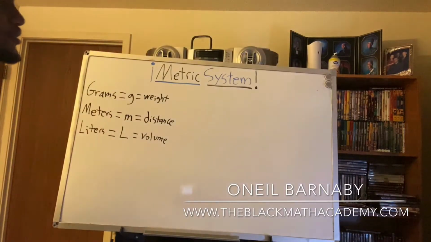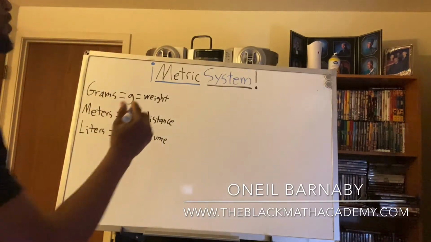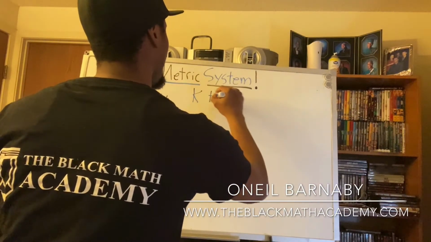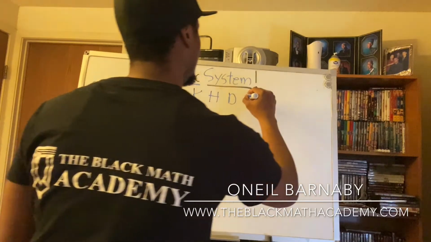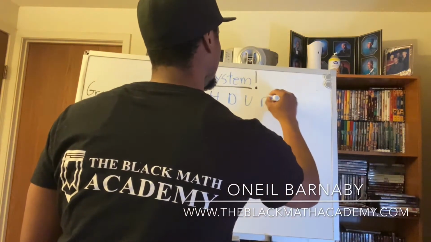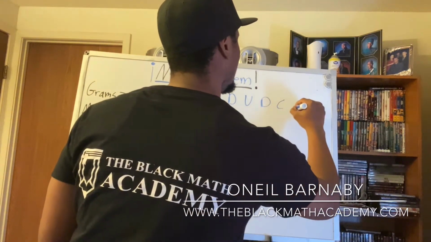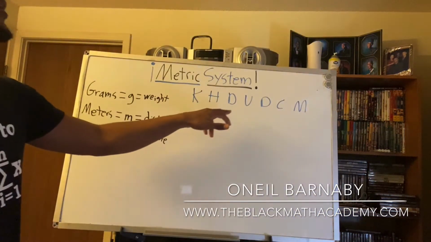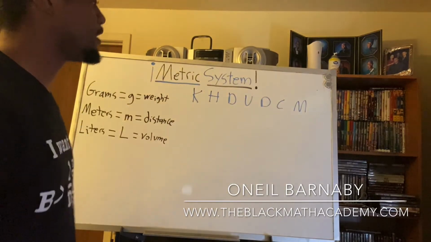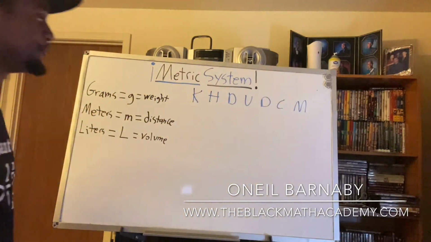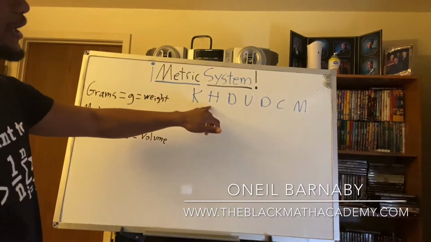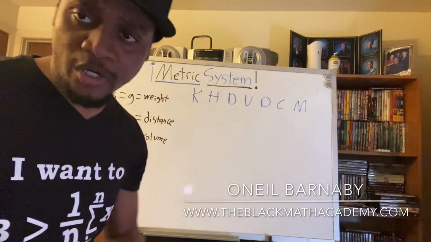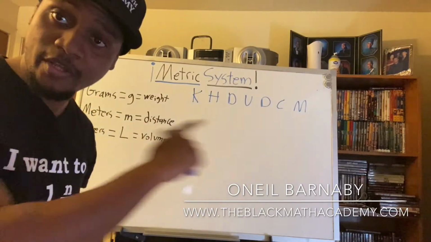So for the metric system, a good mnemonic to use would be K, H, D, U, D, C, and M. All right, so K, H, D, U, D, C, M. One way to remember would be Kings hated delivering us delicious chocolate muffins, or whatever you want to come up with to help you remember the order.